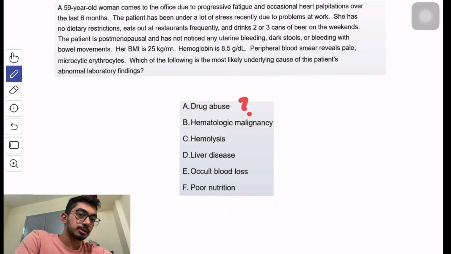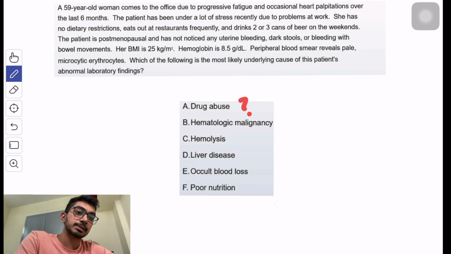Hemolysis will cause either spherocytes or schistocytes to be present on the peripheral blood smear, but none of that is present. And the next option is liver disease, which is a chronic disease, so that would not cause microcytic, it would rather cause normocytic anemia.